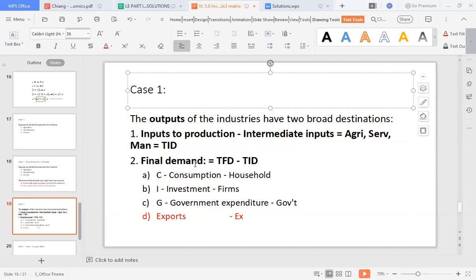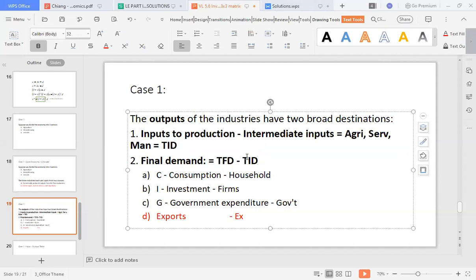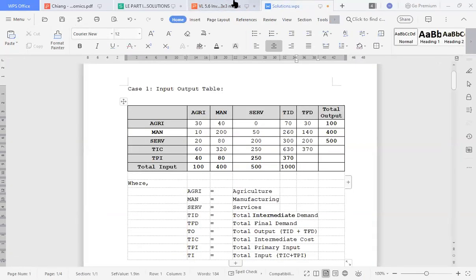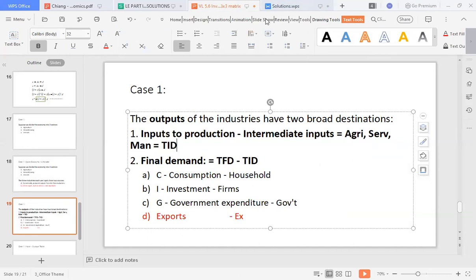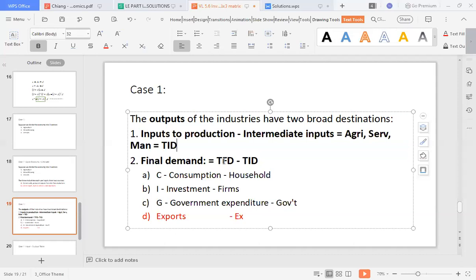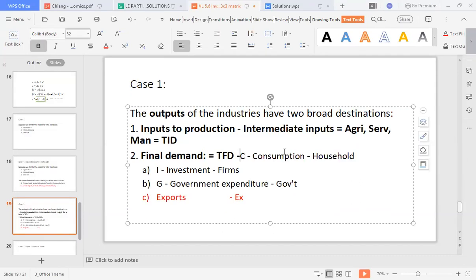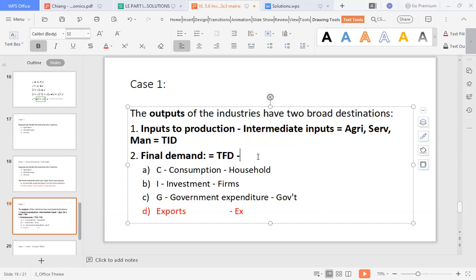Again, this one is our total intermediate demand. The final demand is the difference between the total final demand minus the total intermediate demand. Let me just correct, TFT. So this is TFT.